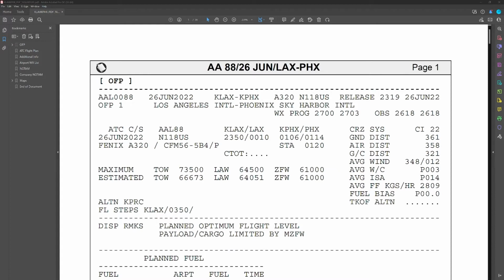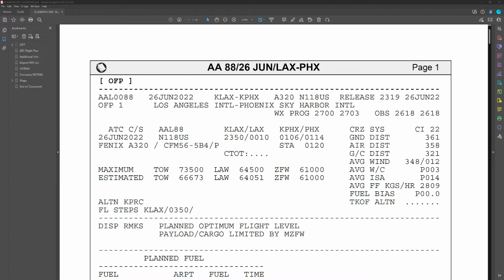So let's do something really exciting. And that is, let's learn about the flight route. In particular, let's learn about departures and arrivals, including approaches.